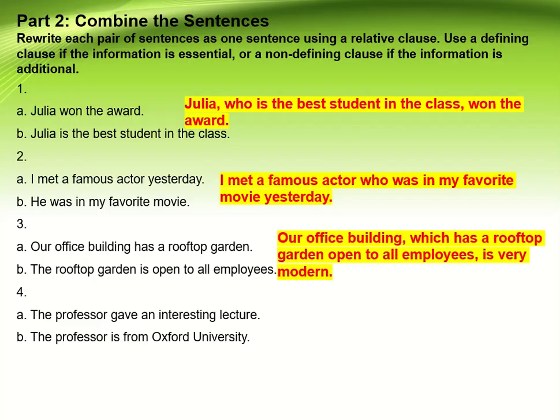Our office building, which has a rooftop garden open to all employees, is very modern. In this case, the extra information is which has a rooftop garden open to all the employees. Why is it extra information? Because if I only say our office building is very modern, you completely and clearly understand the situation.